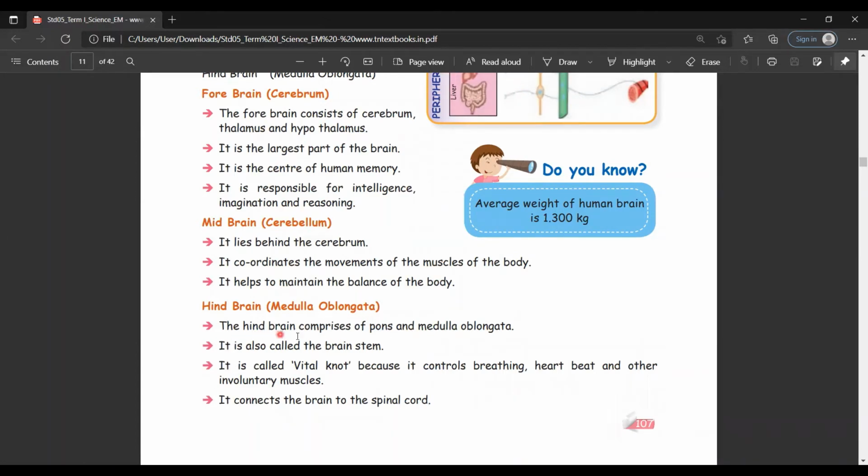It is also called the brainstem. It is called vital knot. So the hindbrain is called vital knot, important knot. Why? Because it controls breathing, heartbeat, and other involuntary muscles.